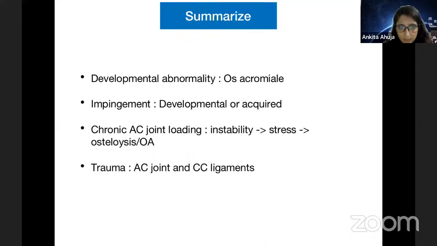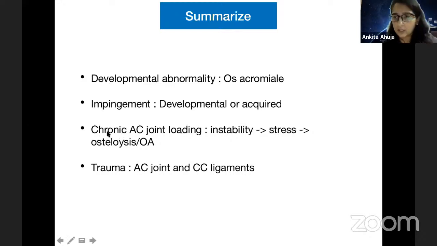So just to sum up our acromioclavicular joint spectrum, you have developmental abnormalities like os acromiale, like we discussed. Don't label it before 21 years of age at least. Then impingement can be because of types of acromion, or it can be because of osteophytes. And impingement, it's not an MRI diagnosis, it's a clinical diagnosis.